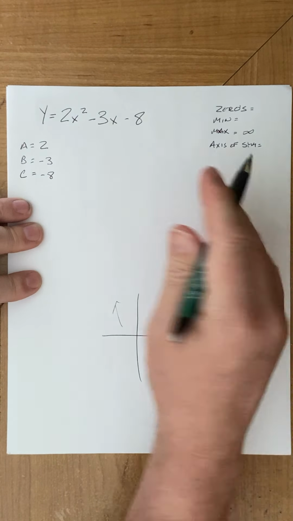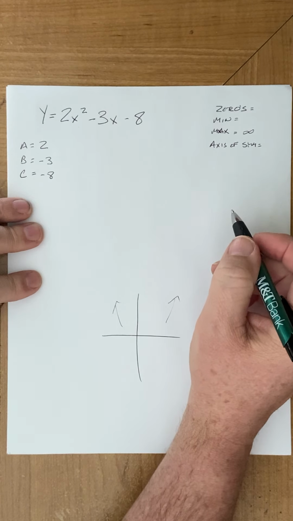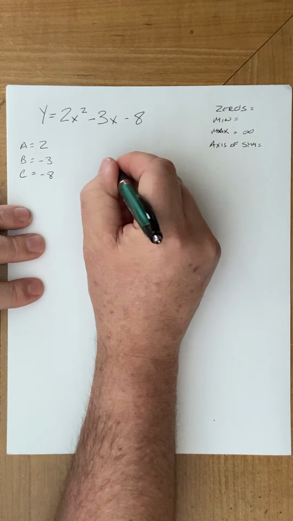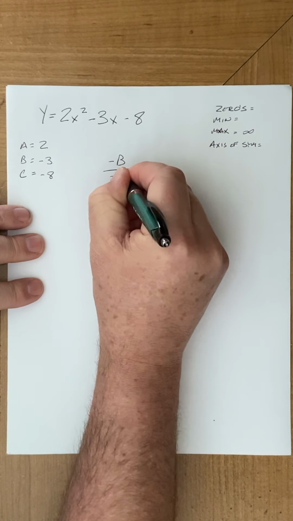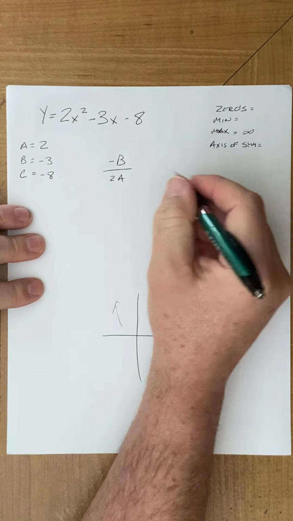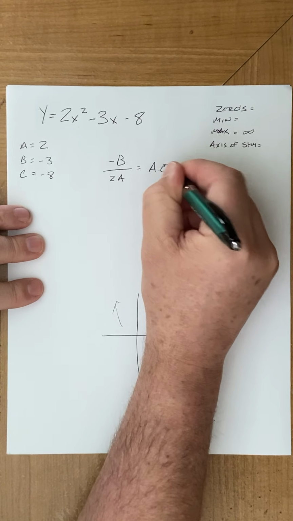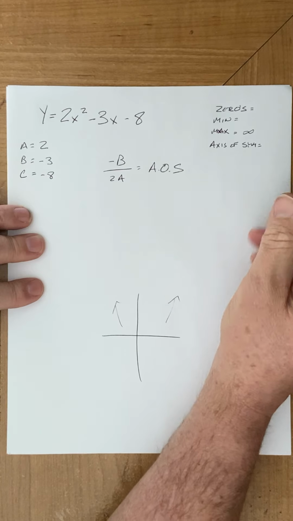So when we actually do this, we're going to see with the axis of symmetry. The axis of symmetry is negative b over 2a. That's the formula for the axis of symmetry.